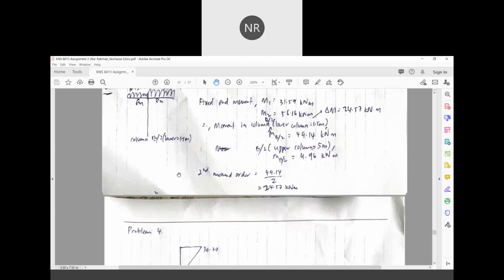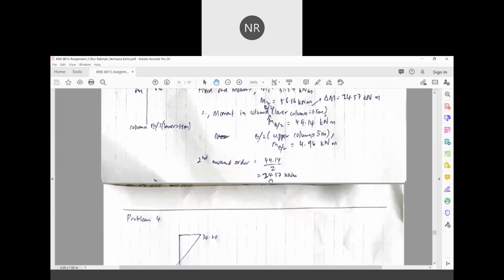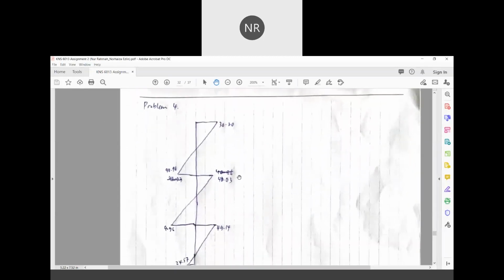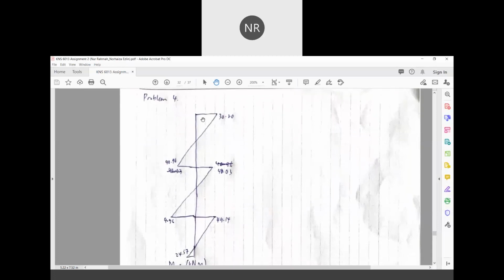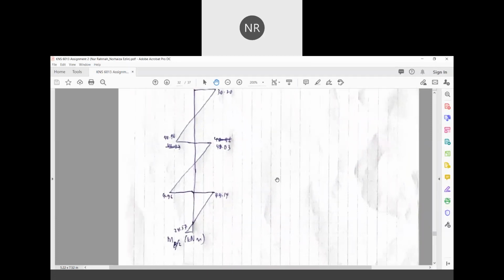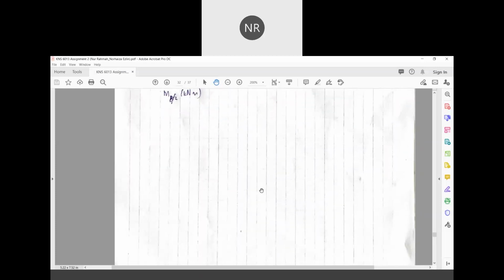So also we have to identify our second order moment, which is equal to 24.5 kilonewton meter. So on the diagram, we can have our bending moment diagram from the upper column on the roof, first floor and the ground floor, upper and lower column. Okay, that's all.